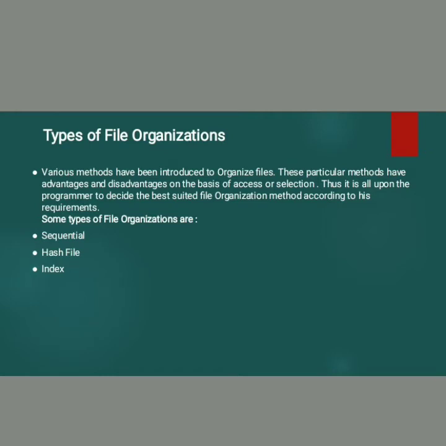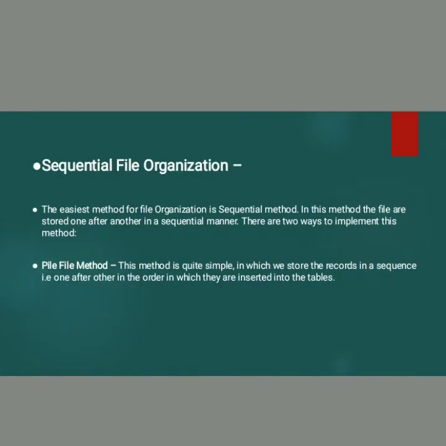Next, types of file organization: sequential file organization, hash file organization and index file organization. Sequential file organization is the easiest method for file organization. In this method the records are stored one after another in a sequential manner. There are two ways to implement this method. The first method is the pile file method.